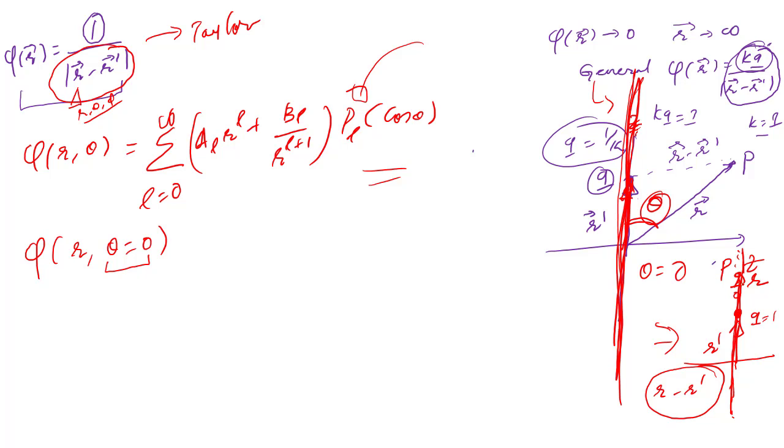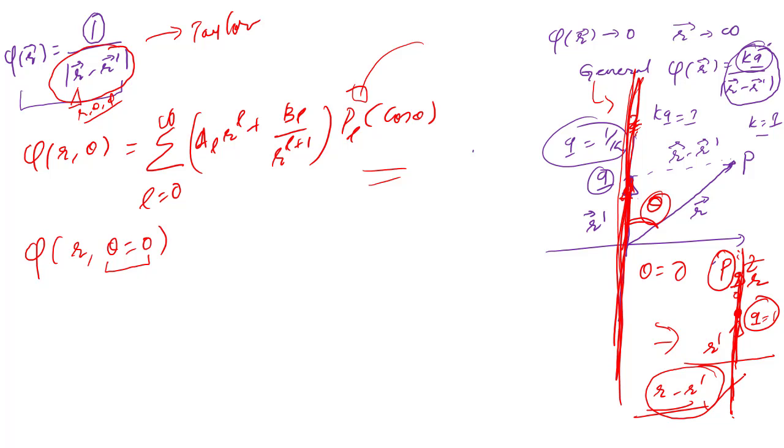So for all the points along the z-axis, both the vector pointing to the point of interest P and our charge are along the z-axis. So this is not a vector. This is just the component along z minus the other one. Both the charge and the point of interest are along the same axis, so this is not a vector.